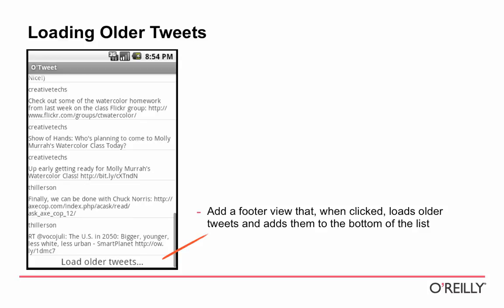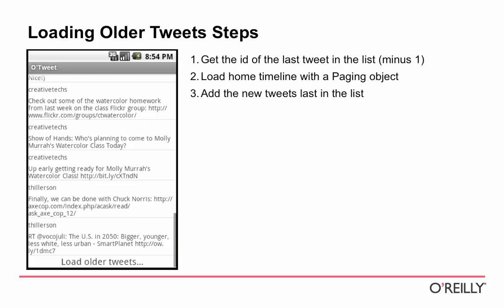So in this case, instead of adding a header view, we want to add a footer view that, when clicked, loads the tweets that are older than the tweet that is last in the list currently. So the way we'll do that, we will get the ID of the last tweet and then subtract one to sort of hack in the way that Twitter loads older tweets.